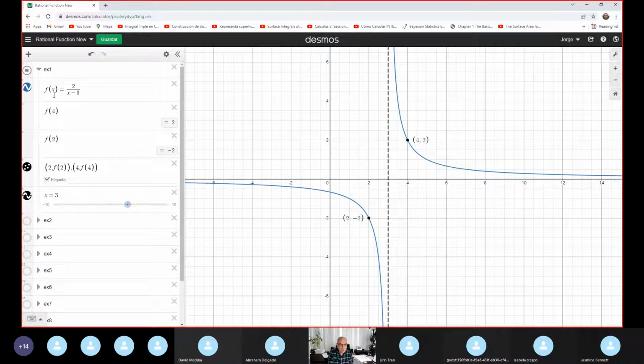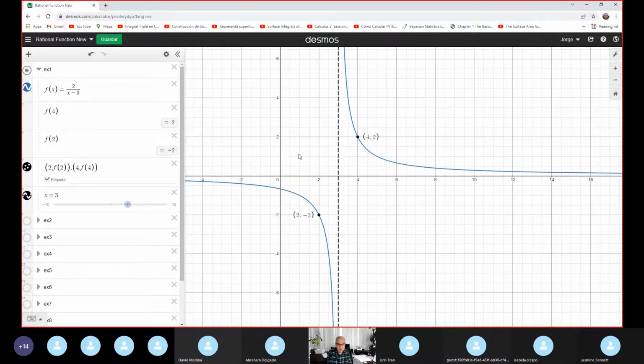You define, instead of y, you can put a y here, but I prefer f of x because you evaluate, and 4 automatically gives me the value 2 and negative 2, and this is my graph. Bam. Everyone follow me? Nice. Okay, let's move on to the second example.